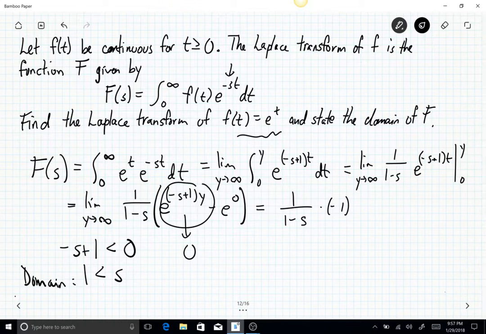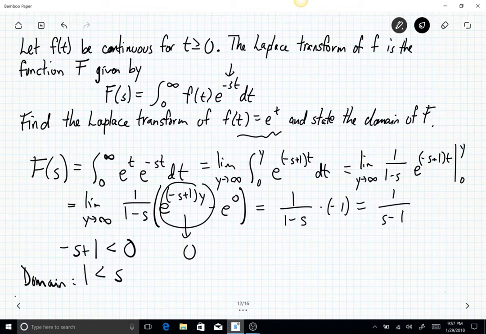So multiply that negative 1 on through in the denominator. Notice you get 1 over s minus 1. And you're done. Oh, I said s minus a, I'm sorry, s minus 1. I'm thinking in terms of general functions. So this equals 1 over s minus 1.